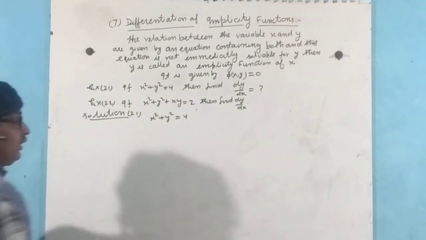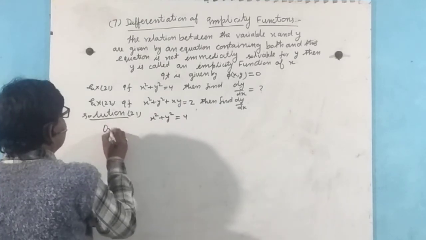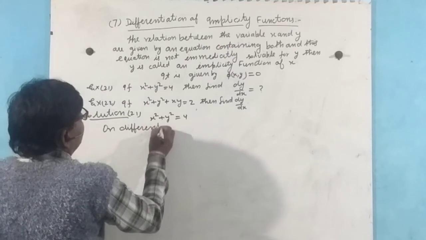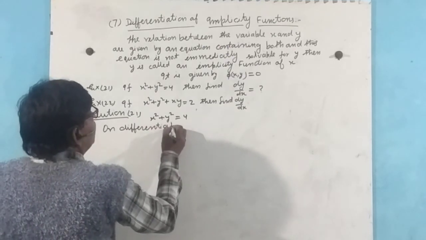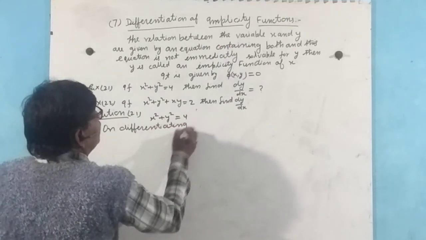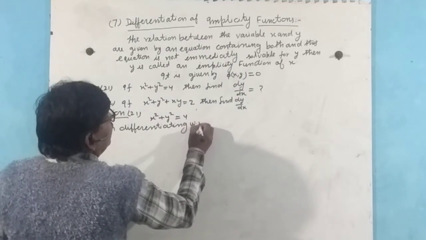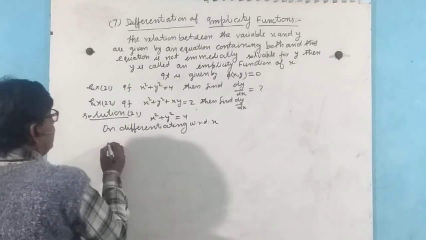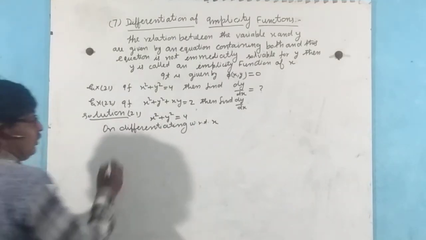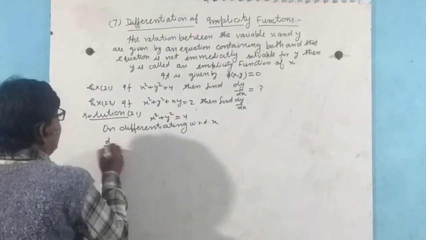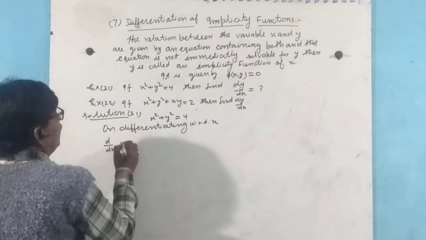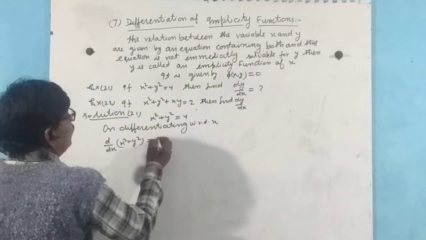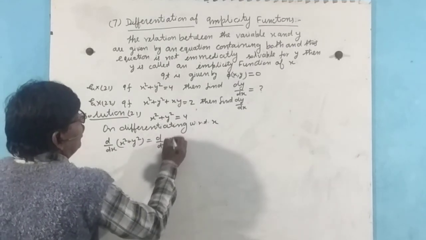On differentiating with respect to x on both sides, we get d by dx of x square plus y square equal to d by dx of 4.